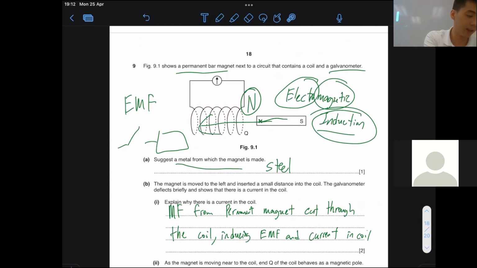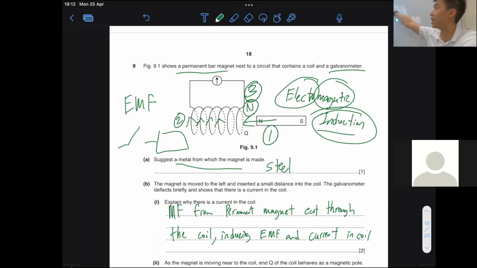The real reality is when this magnet moves in, it actually produces the current first, then only it produces the north pole here. That's why Lenz's law states that the induced current always opposes the motion producing it.